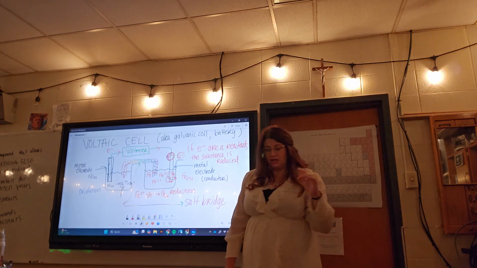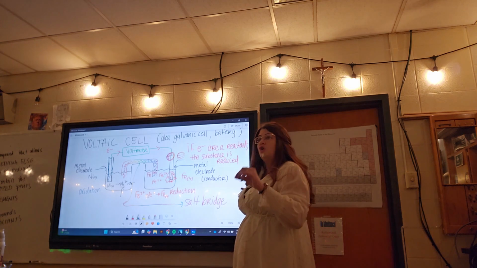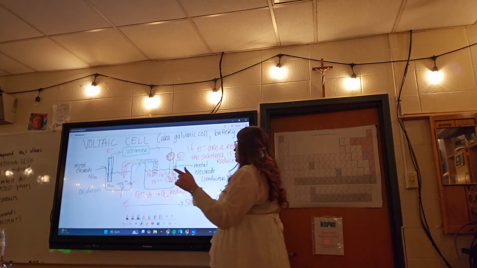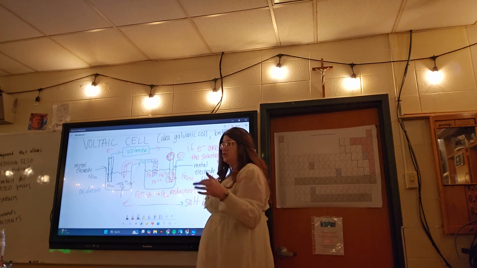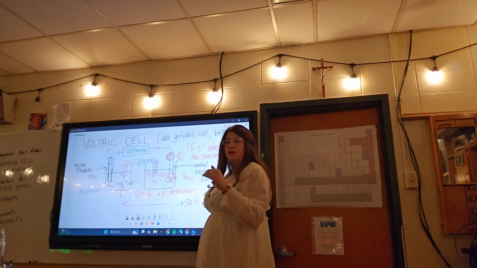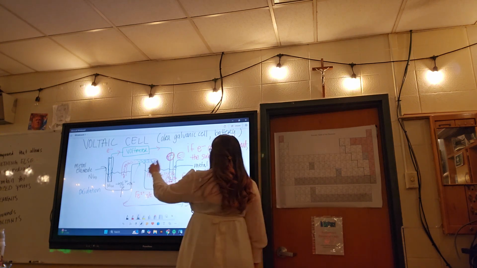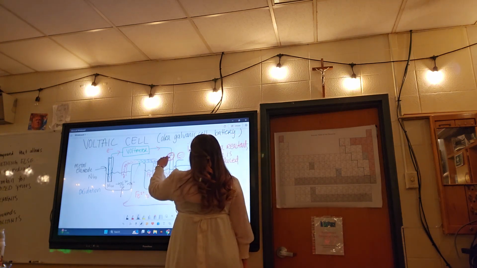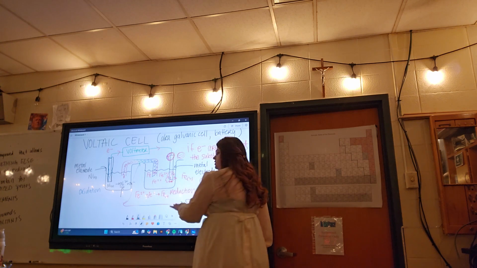So if this electron just moves on its own and nothing else happens, no other electrons will travel along the wire either, because electrons are repelled by each other. Since they can't get along, no other electrons will come over here. So we need to do something to alleviate this charge buildup, and that's where the salt bridge comes in.